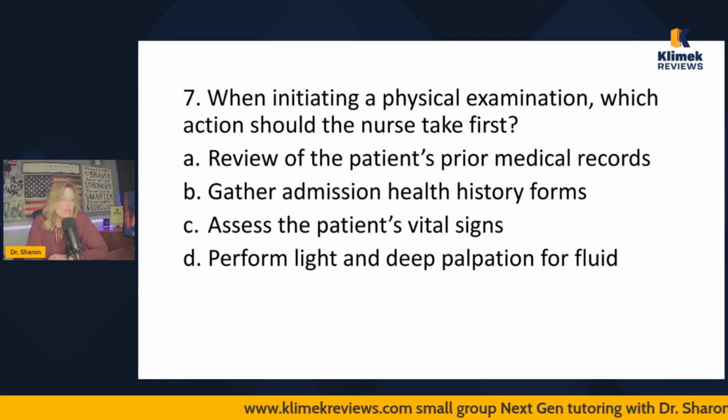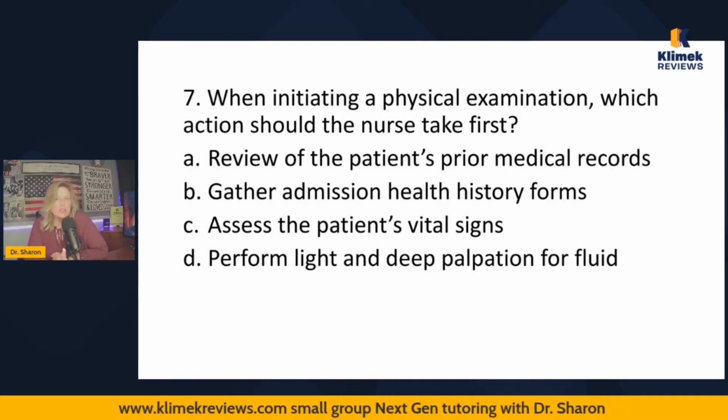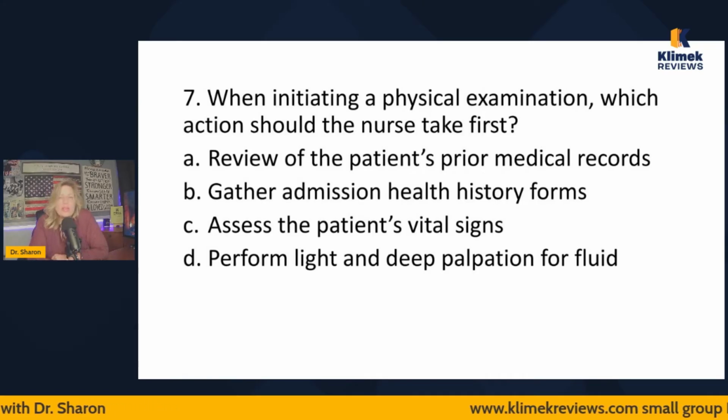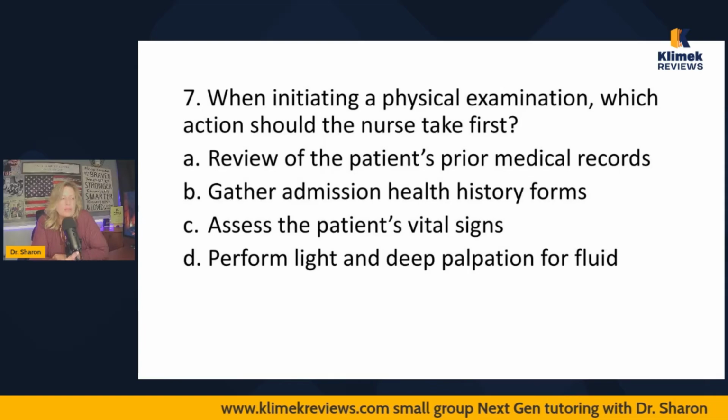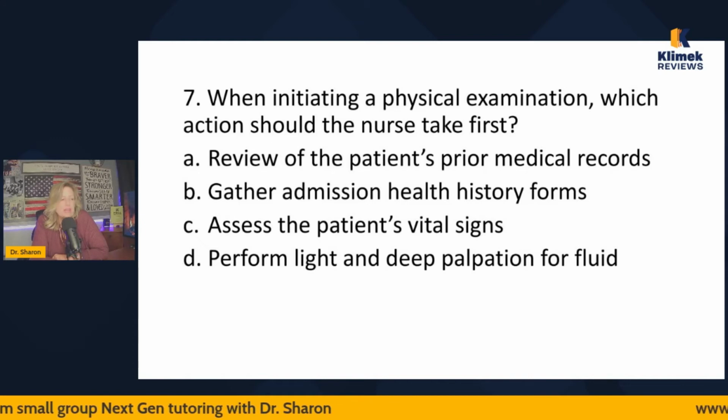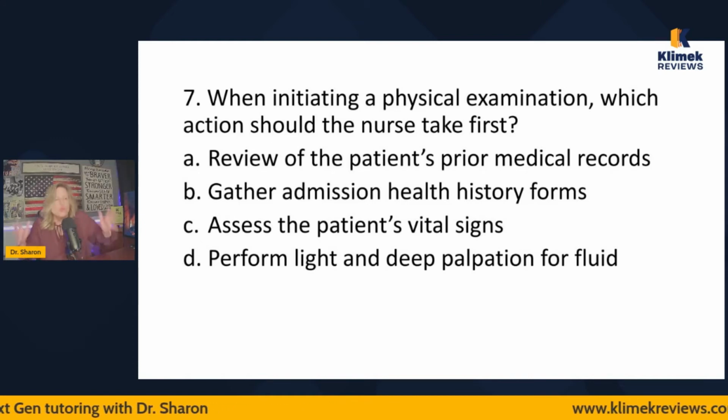Now, I put this one here to teach you something because I struggled with this one a little bit. I'm like, am I supposed to review the patient's prior medical records before I do a physical exam or gather admission health history forms? Here's why I ruled out A and B. I ruled them out because they are essentially the same thing. I cannot differentiate between A and B. There's no real difference.